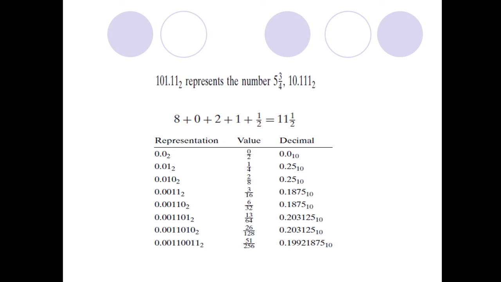Here the point is that the power of 2 in division describes the number of bits on the right side of the point.